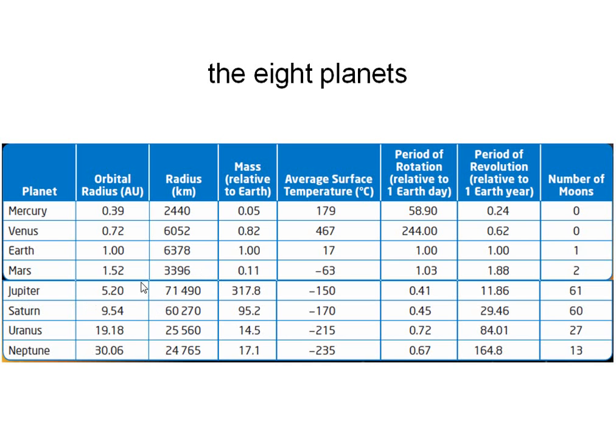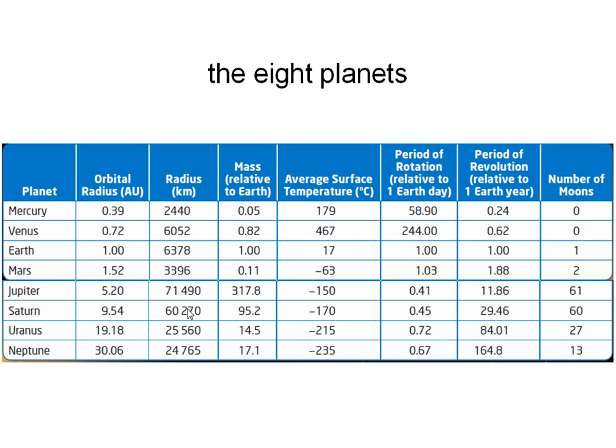As for the gas giants, they are much larger than Earth. For example, Jupiter is more than 10 times greater than Earth, I mean the radius. Saturn is about 10 times the radius of the Earth.